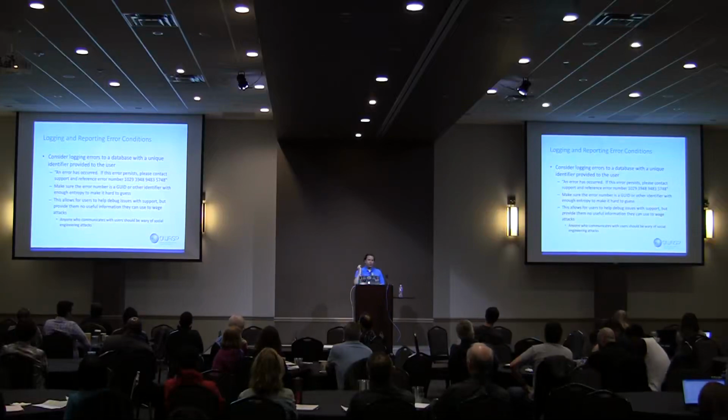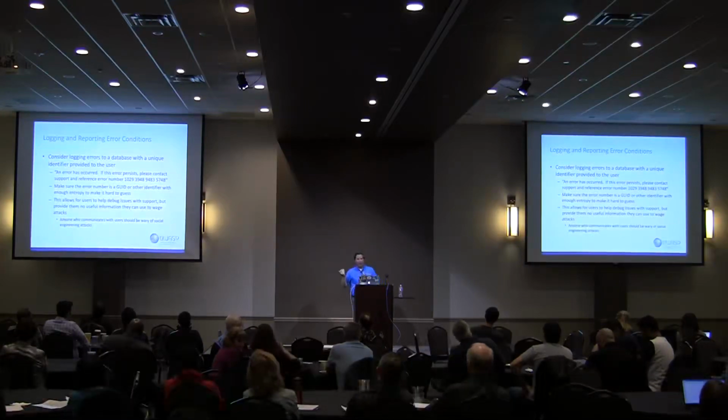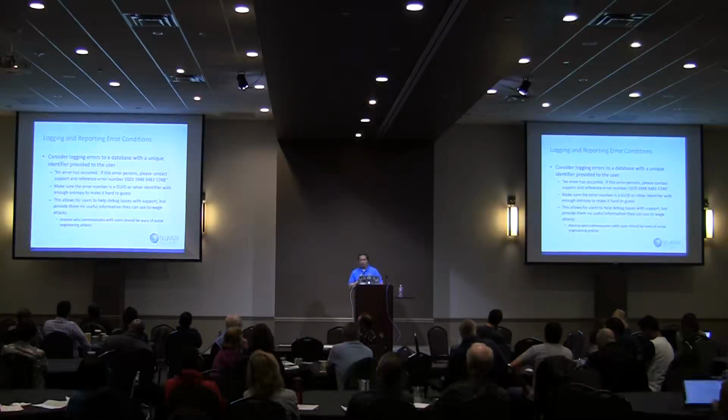All they know is that there's an error, and they have this ID. If it's a customer, they call support, give them the message, and support is able to help them because they have access to the database, and they can get the real error associated with that error number. If this is a random value, then the attacker has no idea what's going on, and they can't reach support. But our real support can provide customers with useful information to get them fixed up. So, random value.